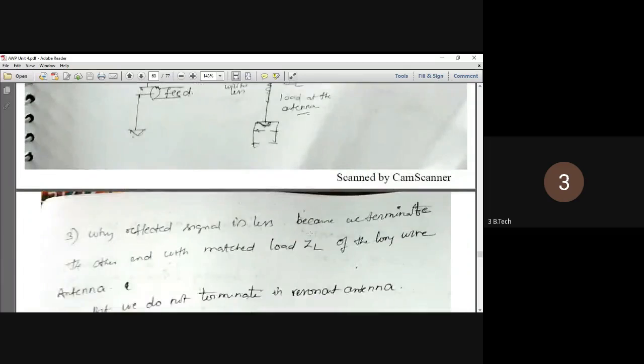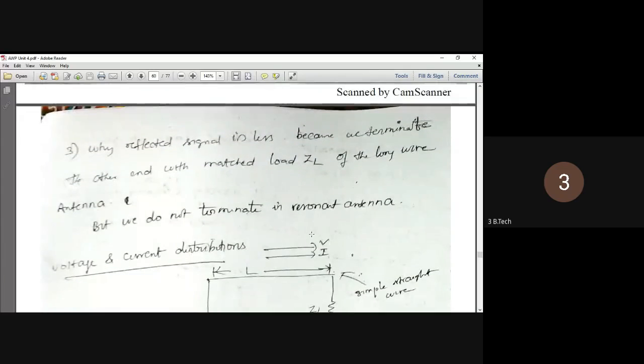Earlier, since the other end is not terminated to a load, there are incident waves and reflected waves formed like a standing wave pattern, which results in resonance. So there will be voltage and current variation also.